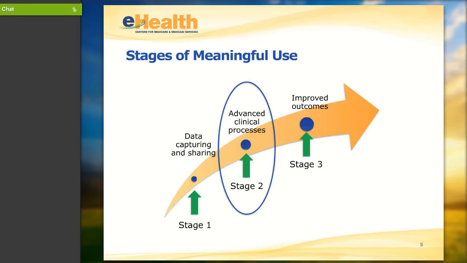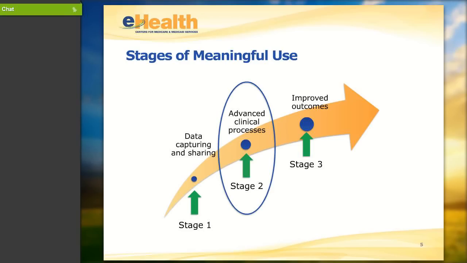It is about information exchange to the patient themselves, all with the idea of improving care coordination across multiple settings. Stage 3, which has not been enumerated yet, there's no regulation out for Stage 3 yet, is going to be about improving outcomes, both from a patient outcome as well as from a financial outcome. And that really is the focus that we have.